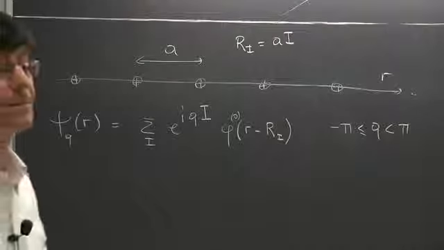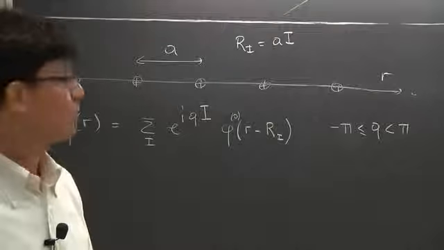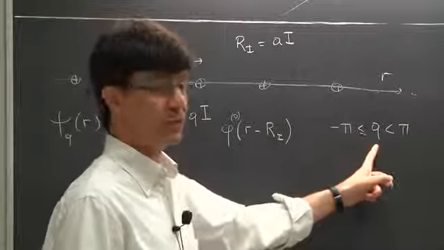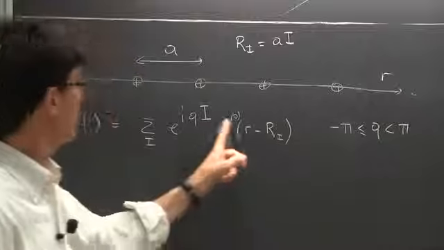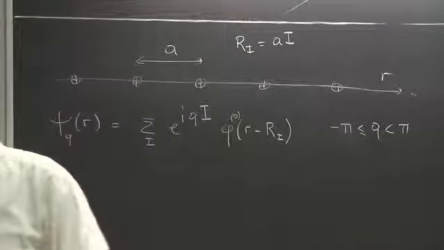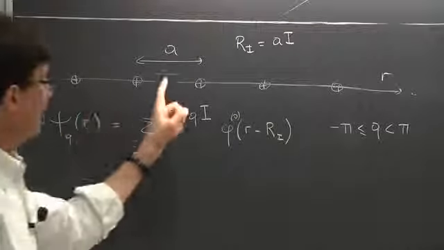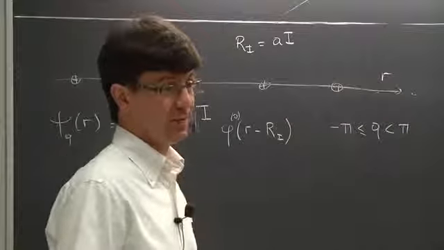Yes? Why do we usually use a periodic interval? Where, here for q? Oh, okay. I need to go back to the beginning. That's what we want to solve. We want to solve the problem of an ordered array of atoms.